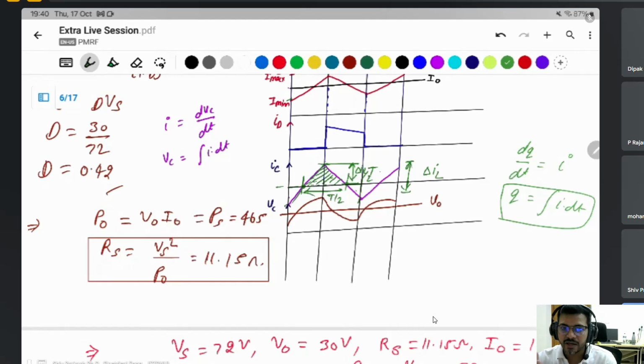Then you can apply the area of the triangle, half base into height.